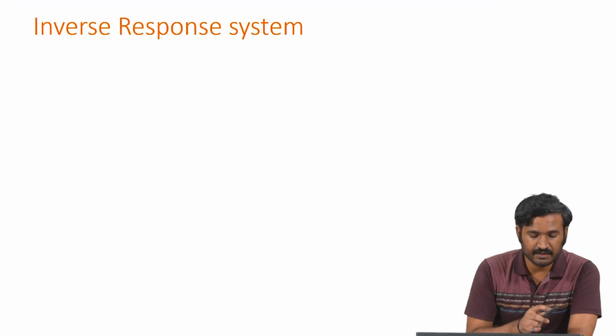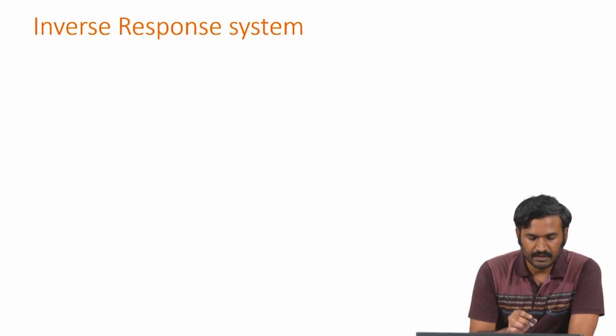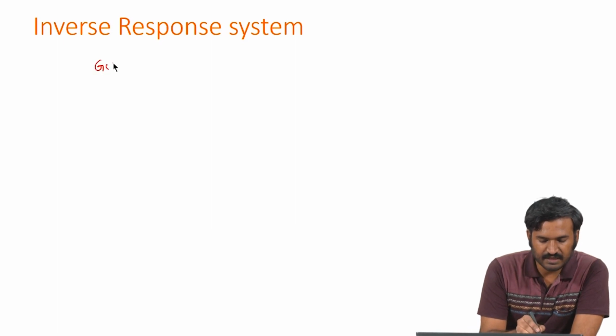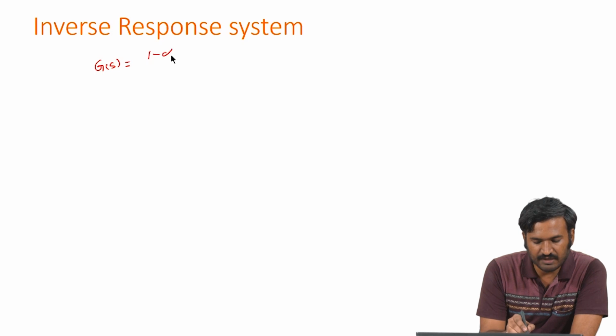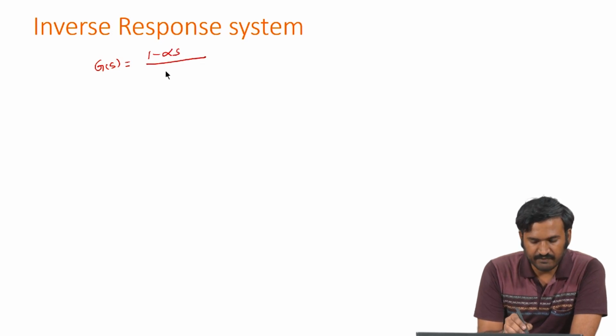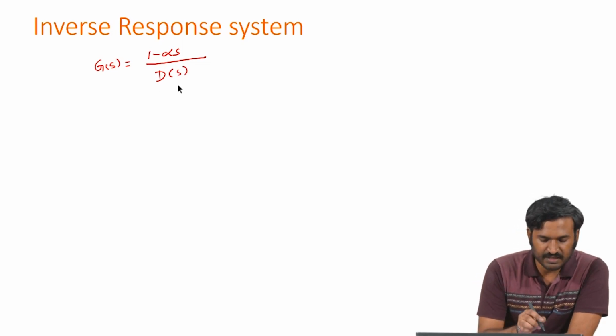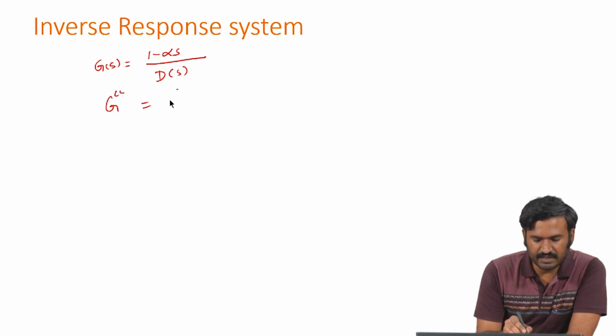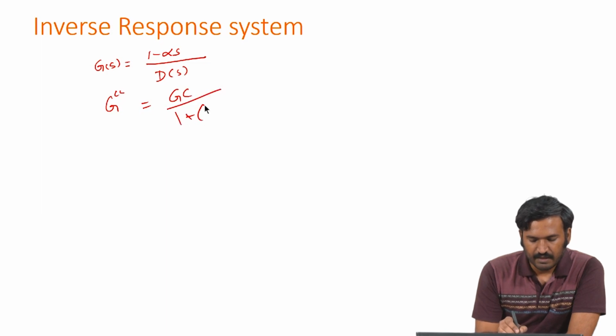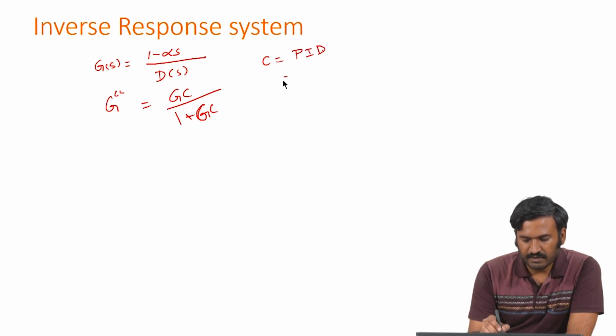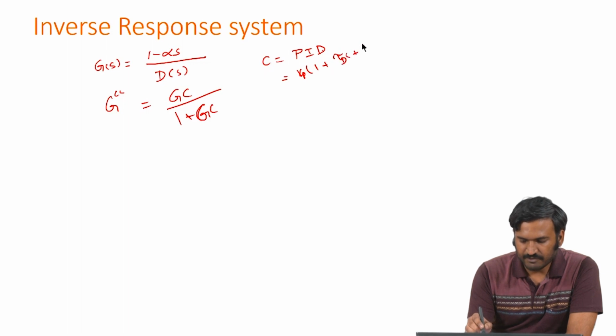The main thing to remember is that if the system transfer function contains at least one RHP zero, say like this, with respect to some denominator, then the closed loop transfer function for any control configuration will have GC divided by 1 plus GC, and let us assume GC to be some PID transfer function. So, that will be some Kp into 1 plus tau d s plus 1 by tau i s.